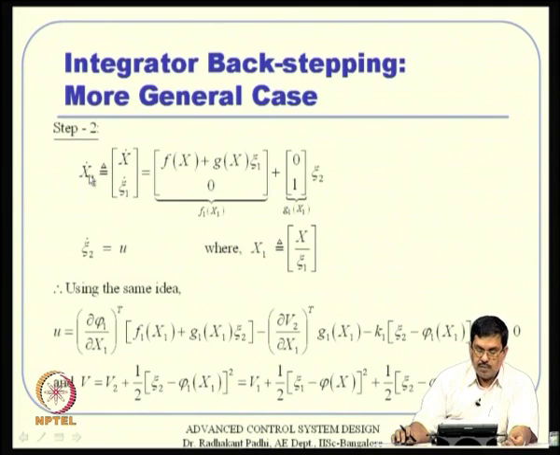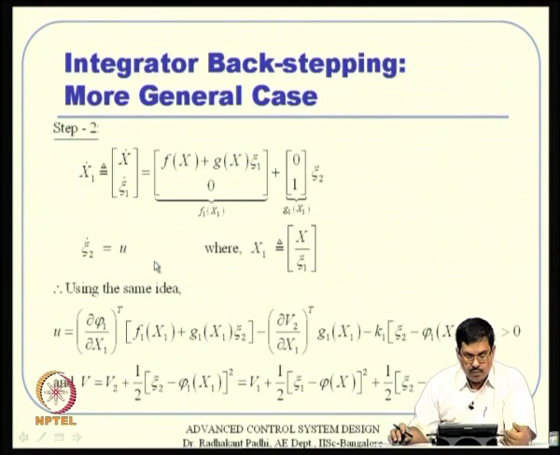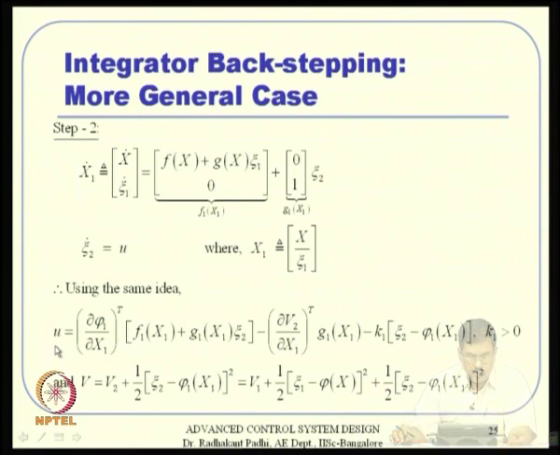In this expression, the first part I will just change: the definition is x1 instead of x. So x1 dot is whatever is in the first equation, then xi2 dot is u. Then again we know how to do it. We will do this algebra again, and u now becomes like that.